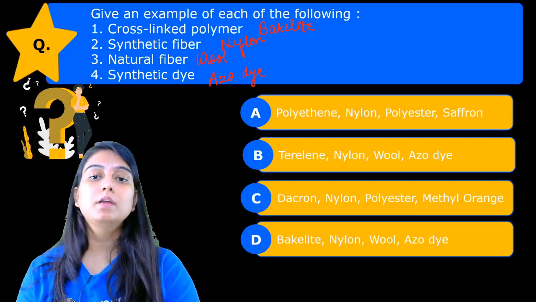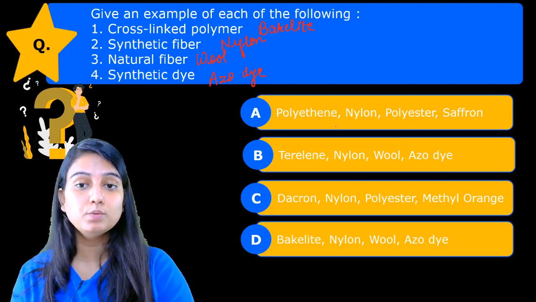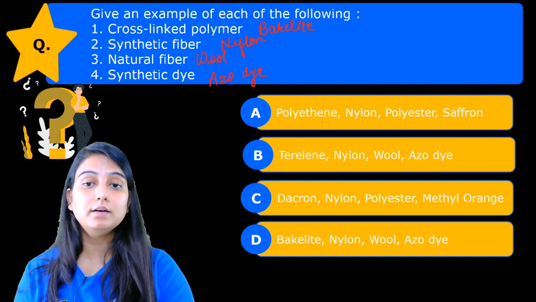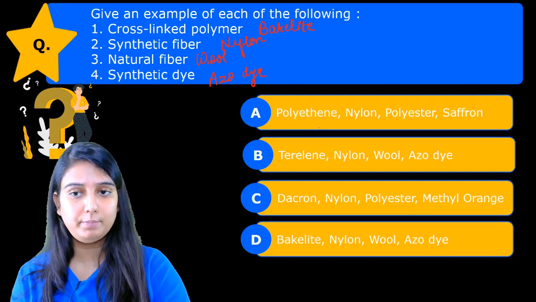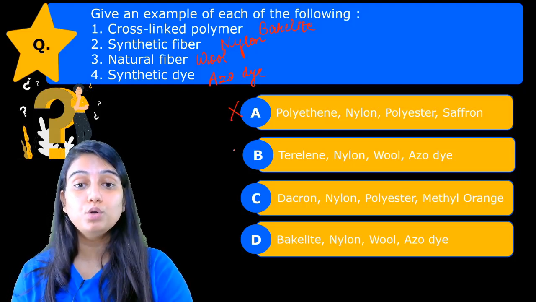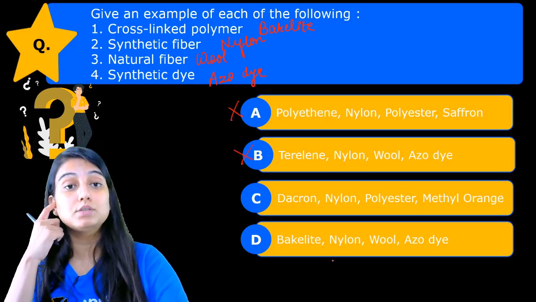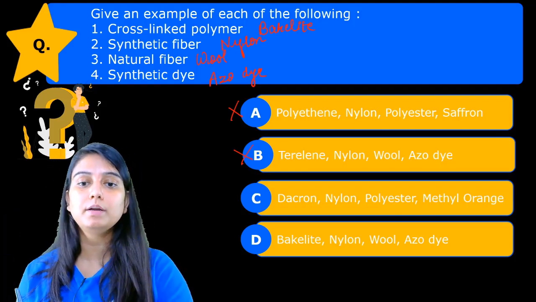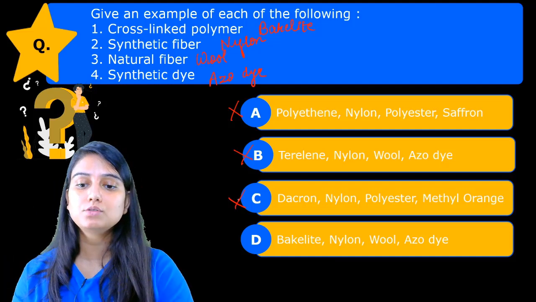So look, first is not the correct one, and polyethene is not a thermosetting polymer. So this is not the correct answer. This one is also not the correct answer. Terylene is not the synthetic one, that is not a thermosetting polymer. And then again C is not the correct answer.